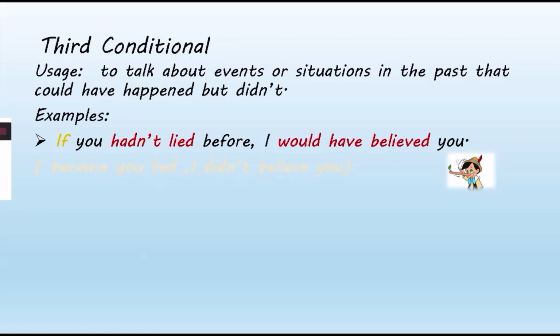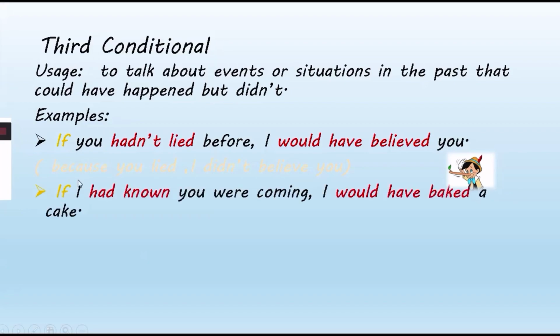Okay? Then, one more example. If I had known you were coming, I would have baked a cake. Okay, what does this example mean? But I didn't know and I didn't bake a cake. Simply. So, the speaker here has no idea that visitors are coming to them. So, no cake has been baked.